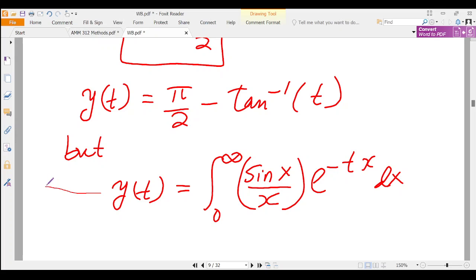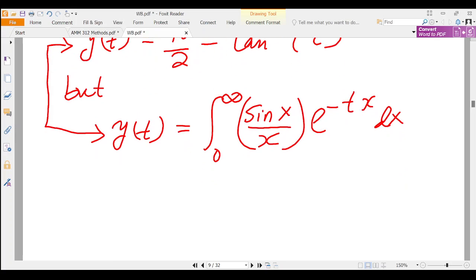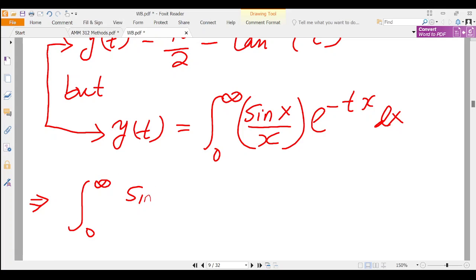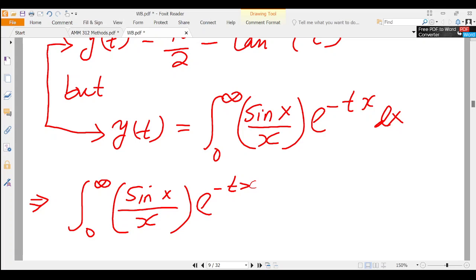This means that we can equate these two. Therefore, this implies that the integral from 0 to infinity of sine of x divided by x multiplied by e raised to power negative tx dx is equal to pi divided by 2 minus tan inverse of t.